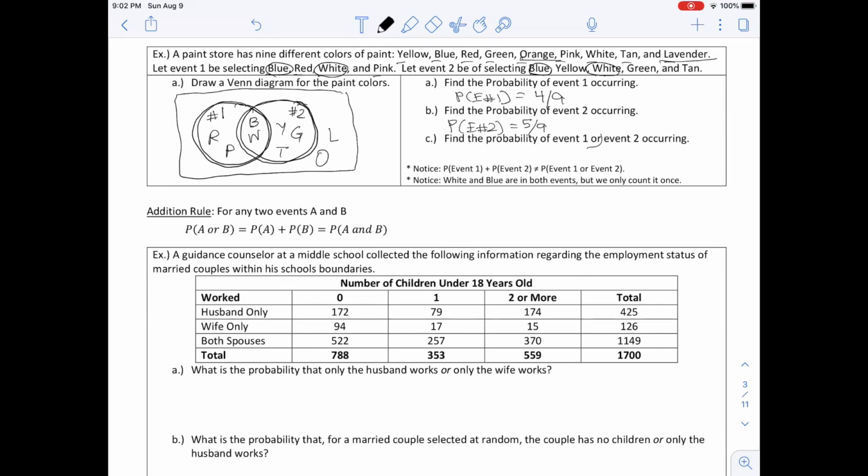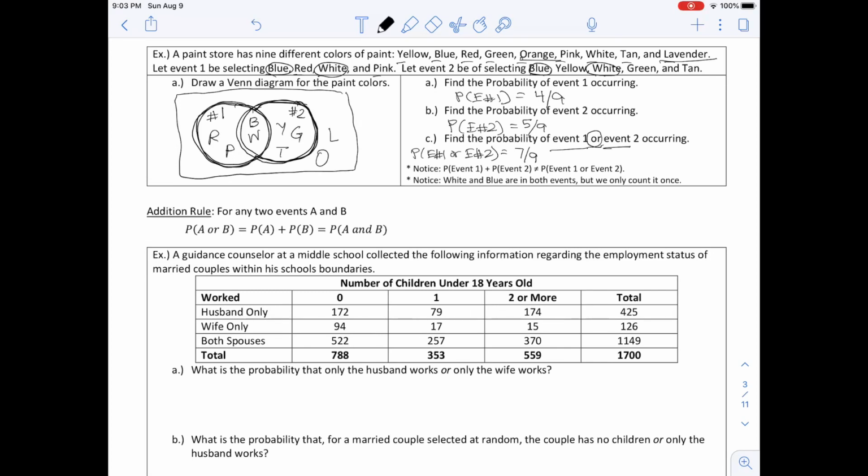Part C says find the probability of event 1 or event 2 occurring. So we're going to have the probability of event number 1 or event number 2 occurring. And so that would be all of this stuff if you look at the shading up above for the Venn diagrams. So counting those up, we have a total of 7 things inside event 1 and event 2 circles, divided by 9 total.